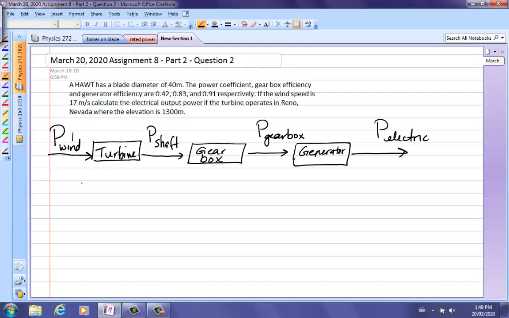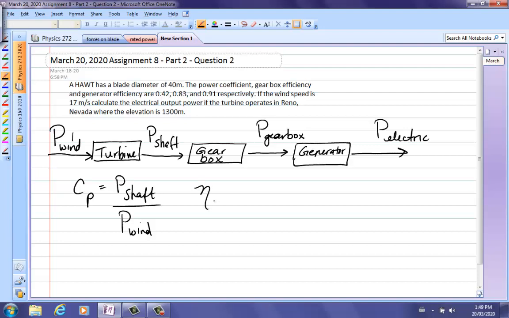So for the turbine, that's called the power coefficient. That's the CP. And that would be the ratio of the shaft power to the wind power. And that's the one that's associated with the Betz limit. So the theoretical maximum of that is 0.59. Then we're going to call the gearbox efficiency eta GB for gearbox.